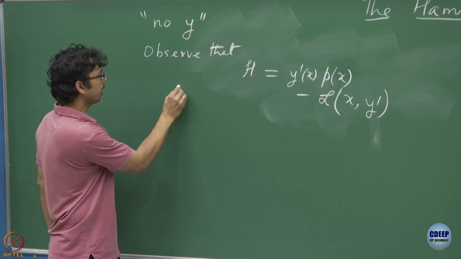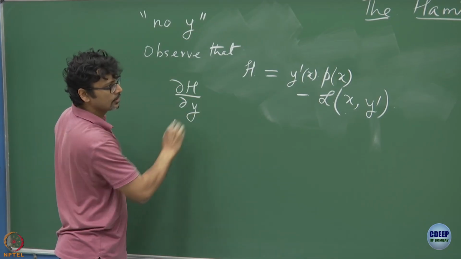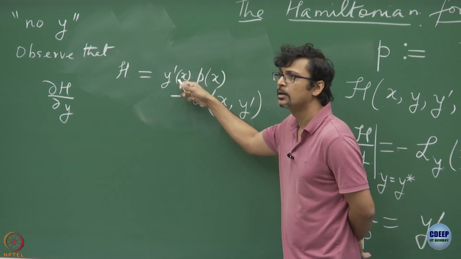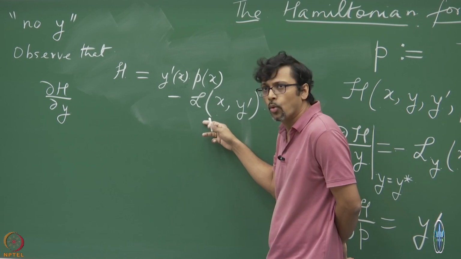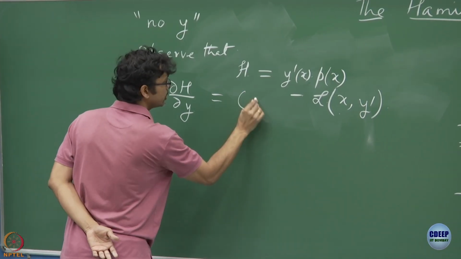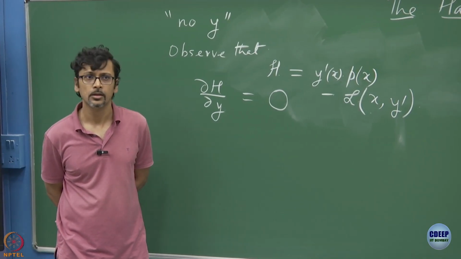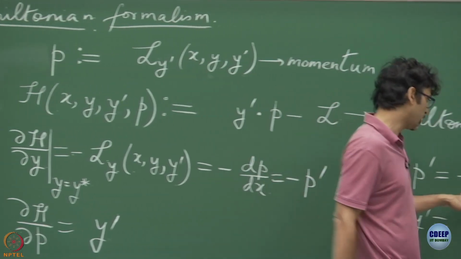So what do you think this is going to lead to? Is there a dependency on y here? No. Is there a dependency on y here? No. So this is going to be 0. Yeah. On the other hand, just a while back, according to this canonical equation, what do we have here?